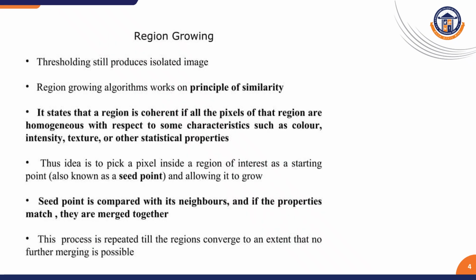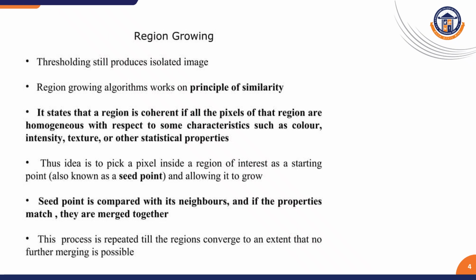Now we'll see about region growing. Thresholding still produces isolated pixels by means of thresholding of gray levels. The region growing algorithm works on the principle of similarity. It states that a region is coherent if all the pixels of the region are homogeneous with respect to some characteristics such as color, intensity, texture, or other statistical properties.